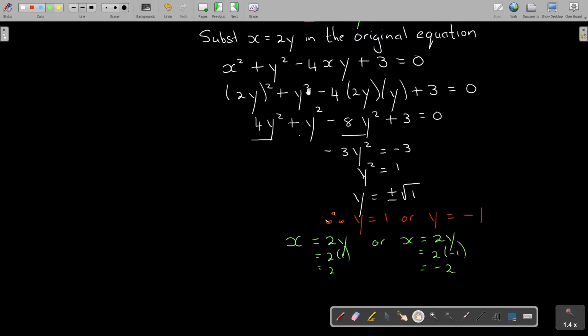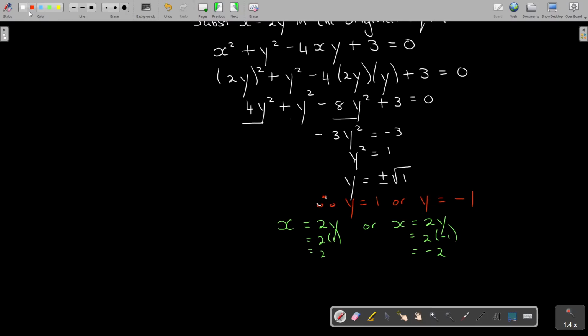So therefore, the coordinates are, make sure of your order, when x was 2, then y was 1, and then x is negative 2 and y is negative 1. Okay, and that is basically your two coordinates. And that's how you do number 4, implicit differentiation.